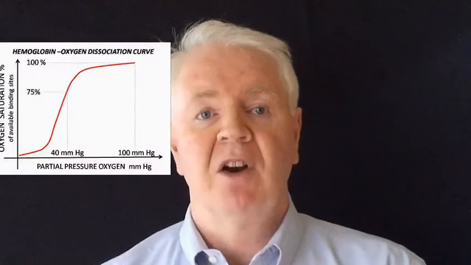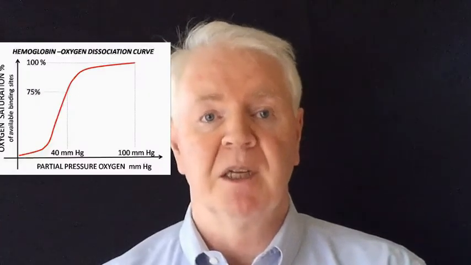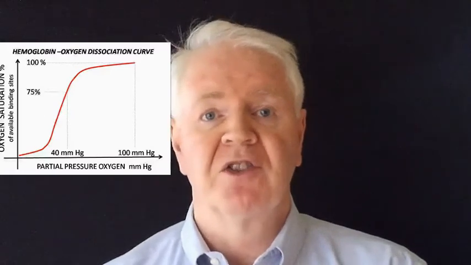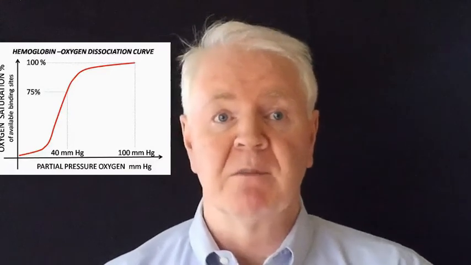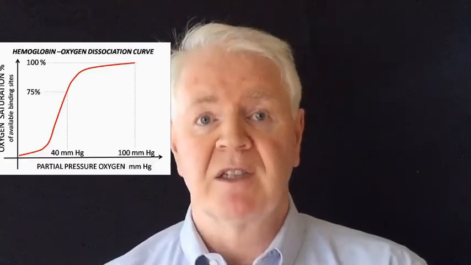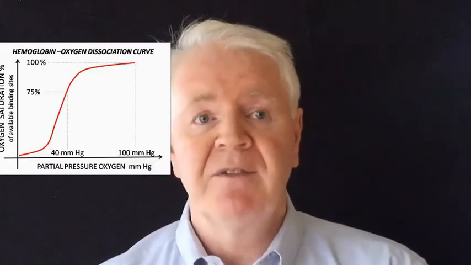As a quick digression, note that an oxygen partial pressure of 100 millimeters of mercury is more than adequate to generate 100% oxygen saturation in arterial blood. But a partial pressure of oxygen of only 40 millimeters of mercury in venous blood is adequate to generate a venous oxygen saturation as high as 75%.